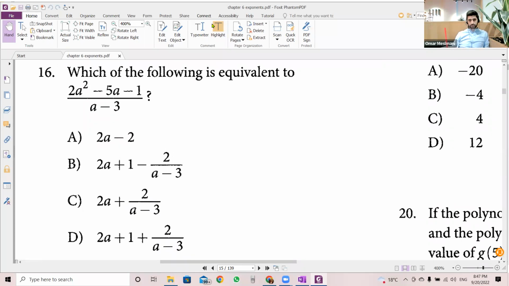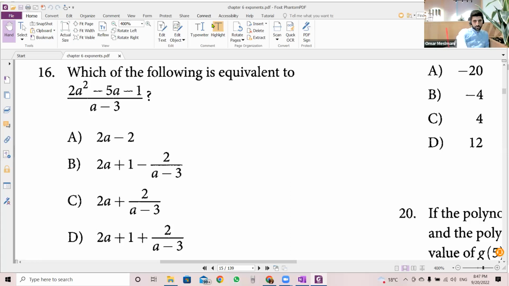Wait, Mr., I'm kind of confused. Where were we going to put the other ones? So wait, we put the 2, 1, 5. We put the 2, minus 5 and 1 up. Where do we put the 3, minus 3? Mister, it should be 11. We bring down the 2, 2 times 3 is 6, minus 5 plus 6 is 11.